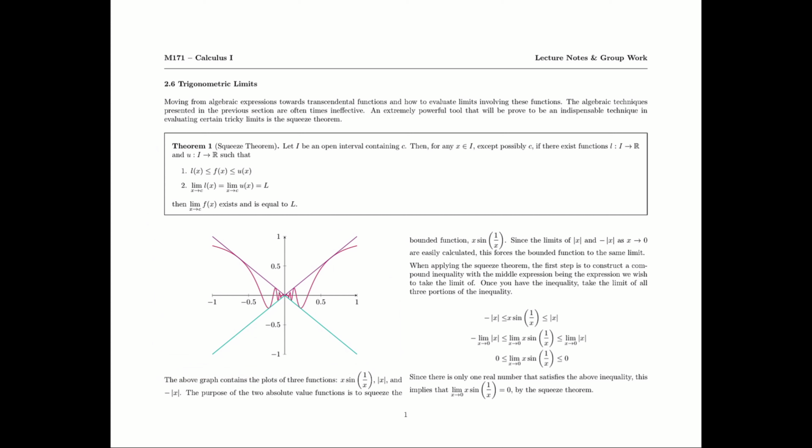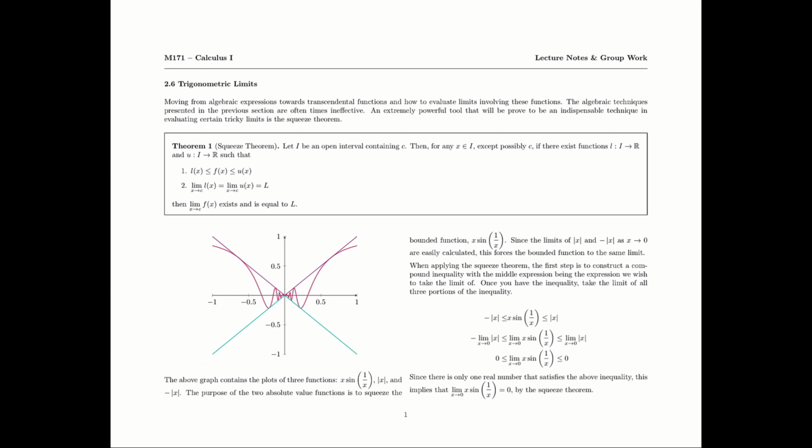So this really curvy function right here, that is x sine of 1 over x. Okay? So if we want to know what the limit of this is as x goes to 0, visually we can see that the limit should be 0.